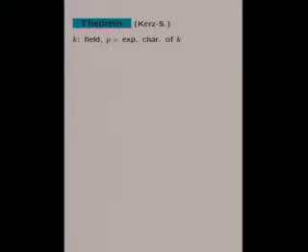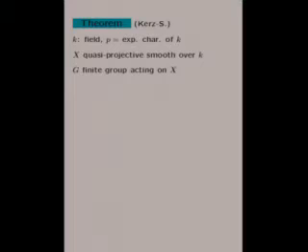We take any field K, and p is the exponential characteristic. Then you take a quasi-projective smooth variety over K acted on by some finite group, and you form the quotient, and V is the singular locus of this quotient.